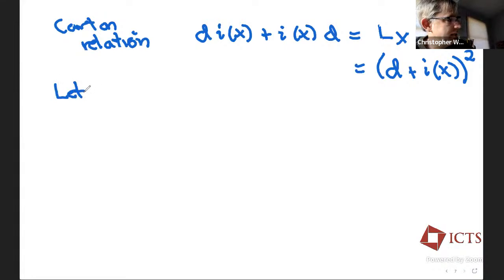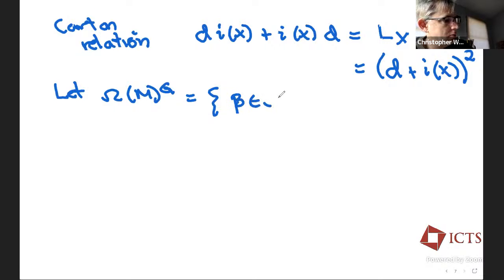So let Omega(M)^G be the space of G-invariant forms. That's the same thing as saying all of the betas in forms on M such that the Lie derivative of beta is equal to 0.